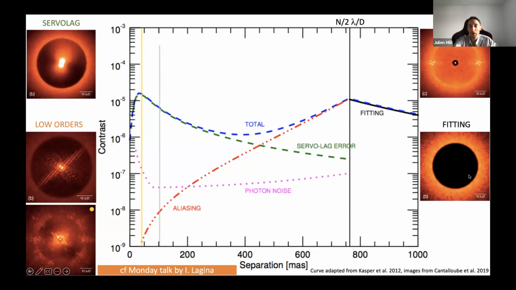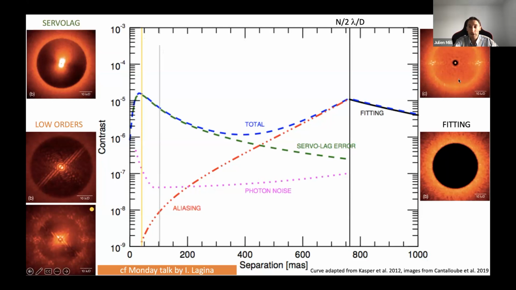And if you only consider the fitting error, this is how your coronagraphic image would look in the assumption of a perfect coronagraph. So only residual outside your adaptive optics correction radius, because you have perfectly corrected all the spatial frequencies within the degrees of freedom that are available with your deformable mirror.